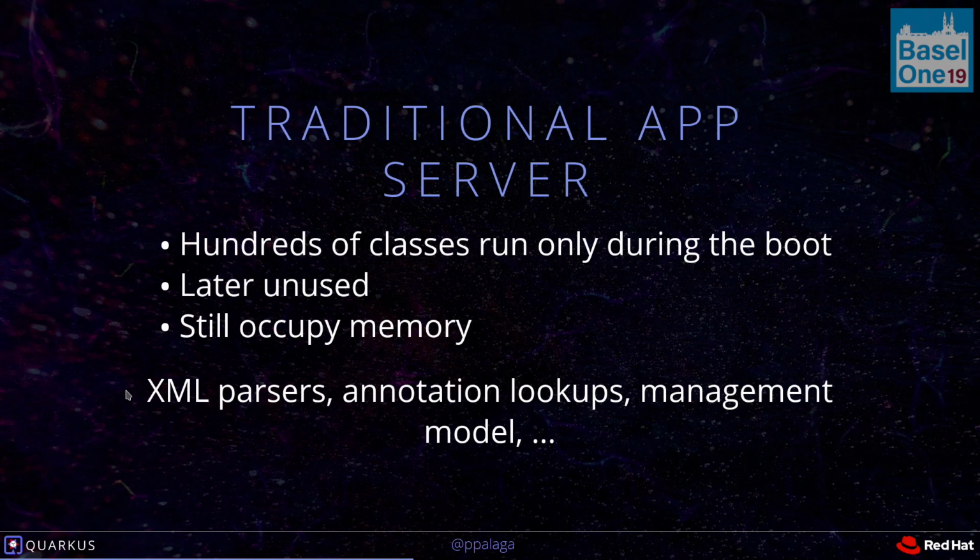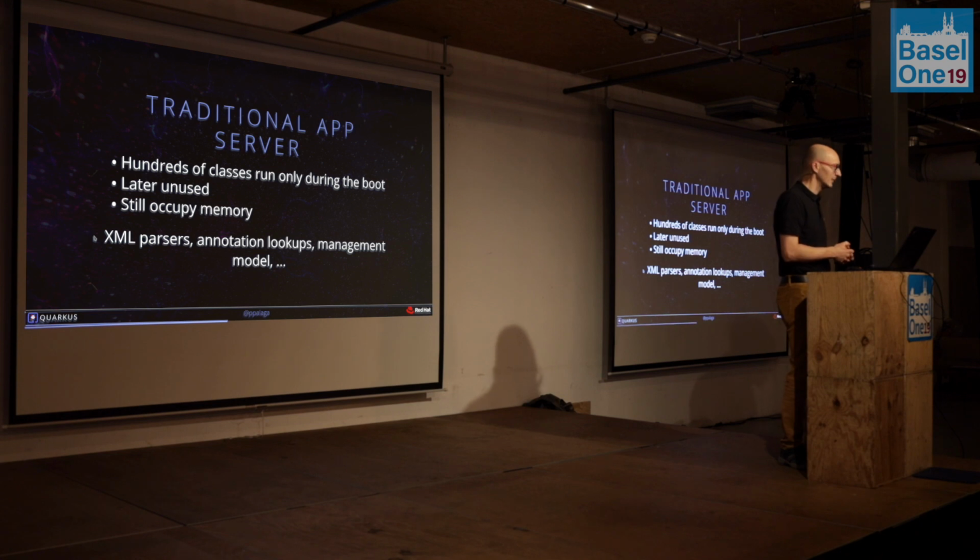Within or inside the traditional application servers, there are literally hundreds of classes that are run only during the boot. And then later, they still occupy the space. They are still loaded. And it also has costed some time to run that code.